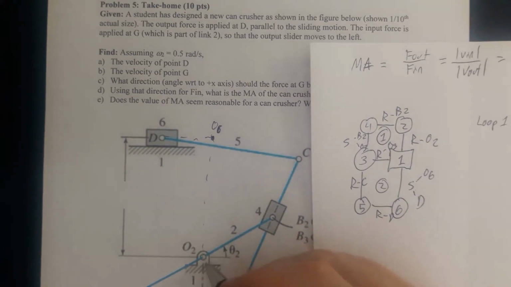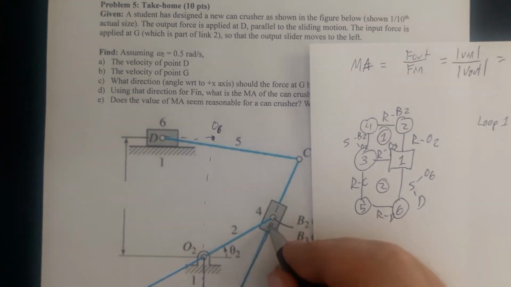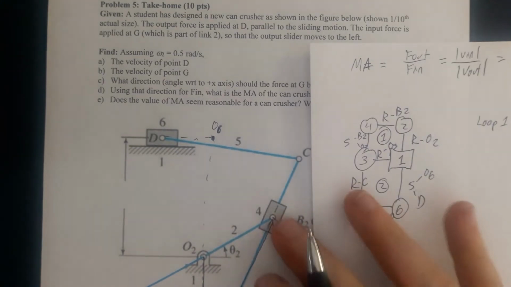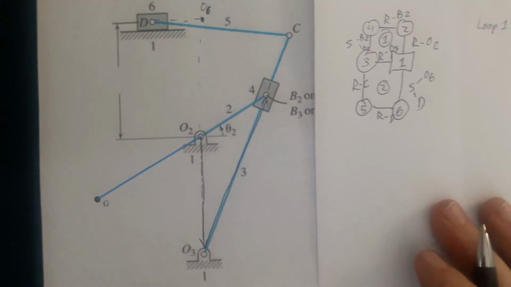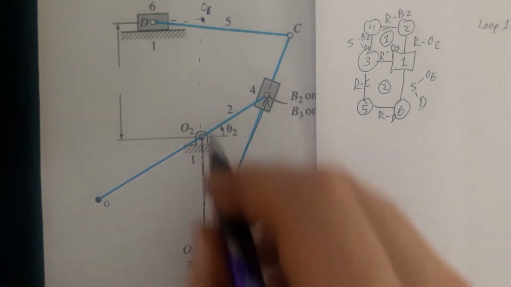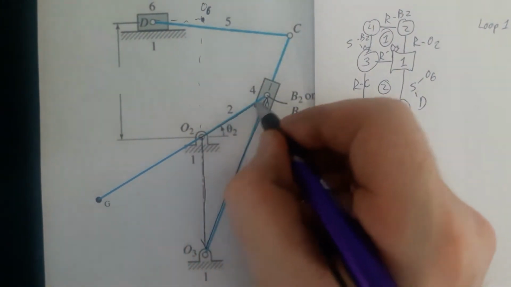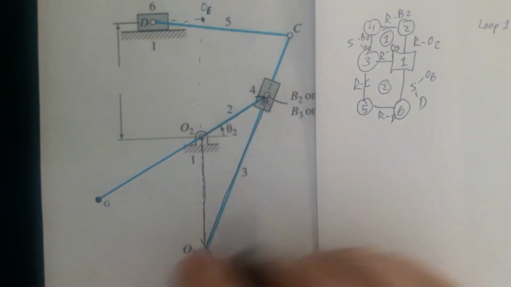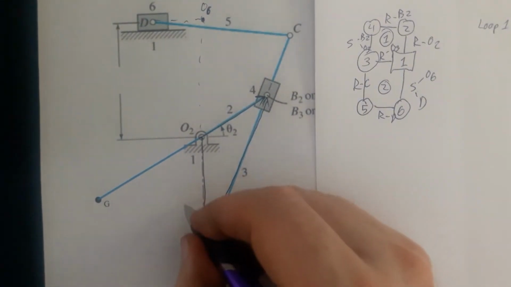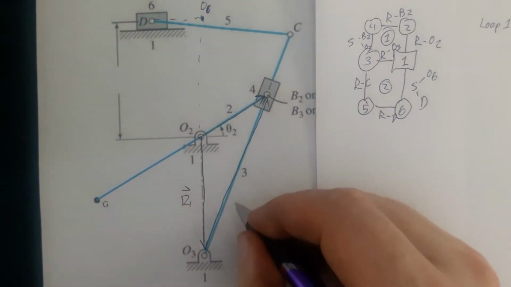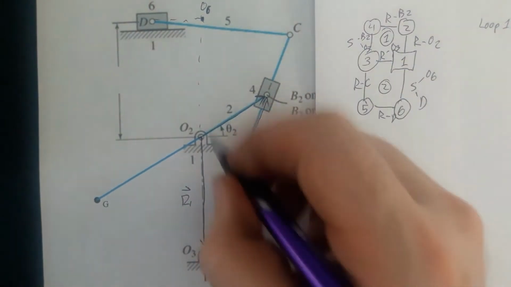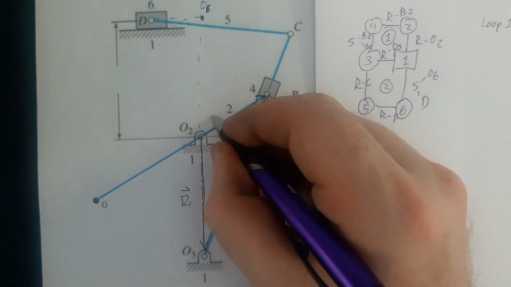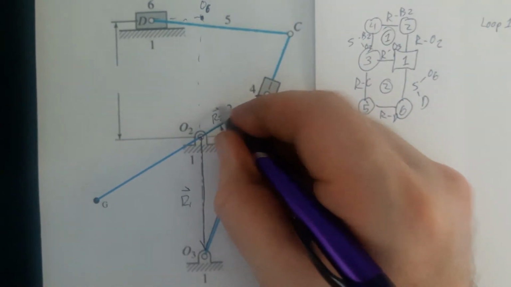Okay, and so what that gives me, let's see here, let's move that up so that vector's shown, and then I've got O2 to B2. So that's my first loop. So call this one R1, this one R4. It's keeping track of that slider, I think 4, and this one R2.